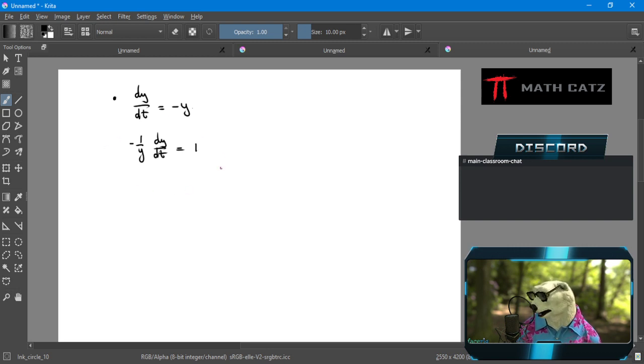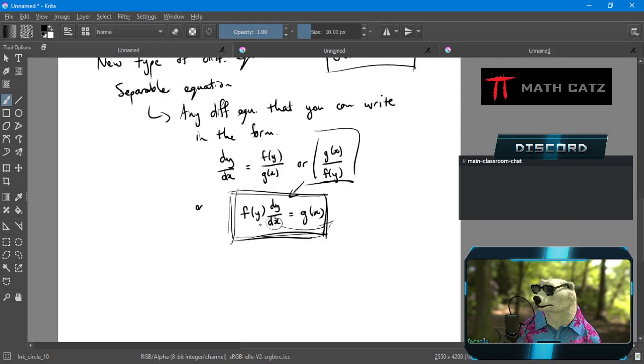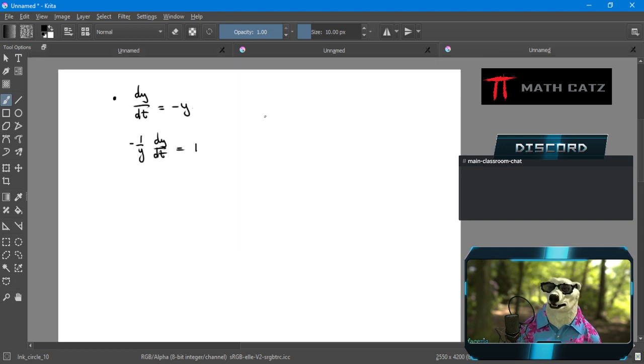Now I see it, like the box, as a separable equation. I just have to move the dt to the other side to finish it. So negative 1 over y dy equals dt. Then I integrate both sides.